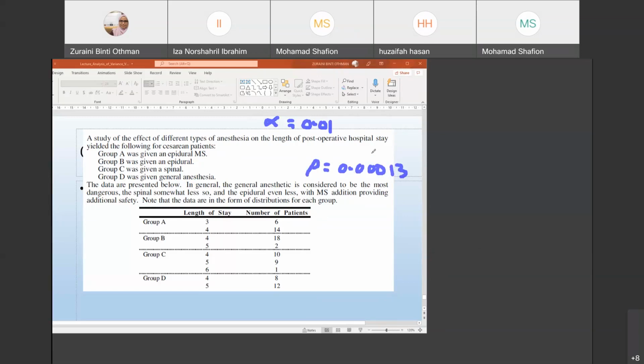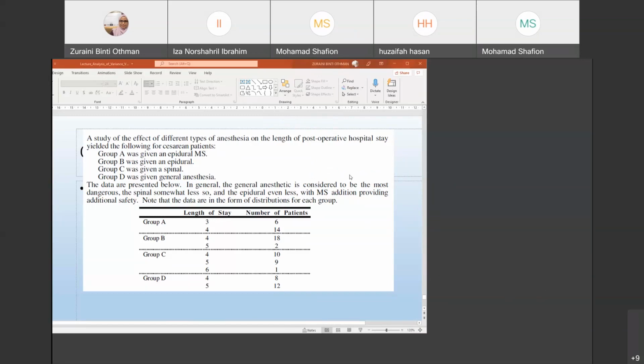And if we get this p-value after running the R code, the p-value is 0.00013. This is less than alpha. Then what can we conclude for this? We have to reject the null hypothesis. Then what can we conclude?